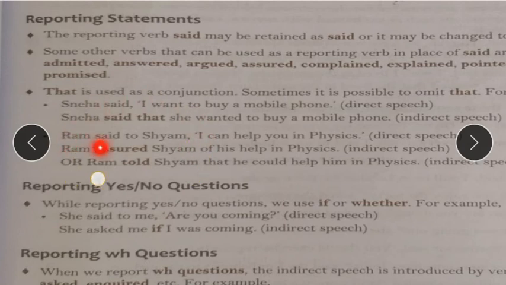Ram is a person of masculine gender, he is a boy. That's why in place of I, we have used: Ram assured Shyam of his help in physics.